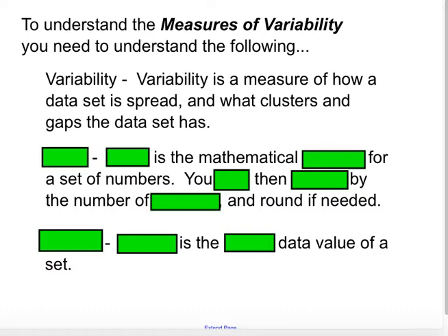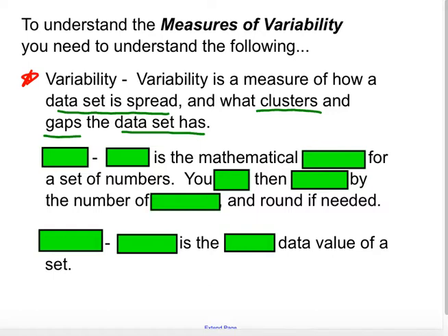So variability has to do with a measure of how data is spread, if there are any clusters, if there are any gaps in the data set. So you'll need to know what variability is in terms of this lesson.